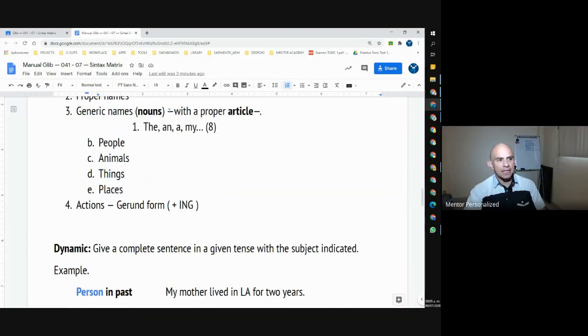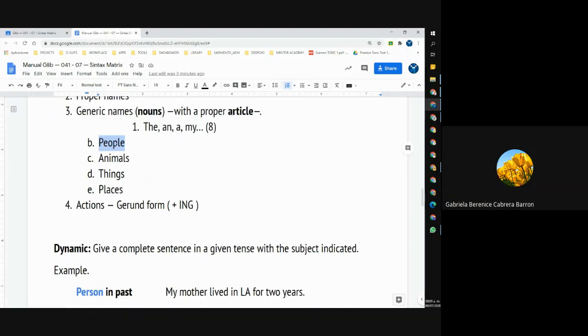So in this case, it is important to use an article to define the noun. For example, you can use the, a, my, etc. Well, my is a possessive adjective. But for example, talking about people, a noun, how do you say madre in English? Mother.